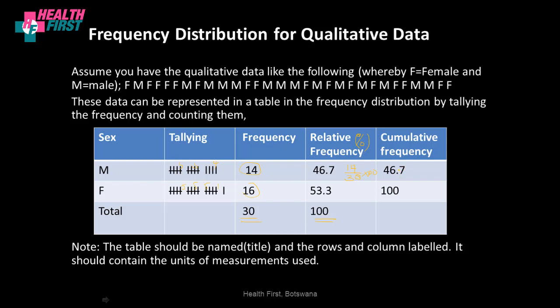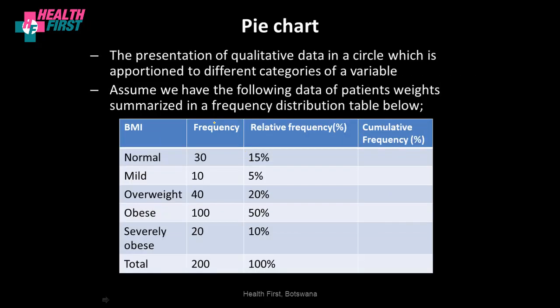And then since we have to add the successive relative frequencies in order to get the next cumulative frequency, this one here, we add the next relative frequency. And if we add this to that, 46 plus 53, it gives us 100%. So that's the cumulative frequency.